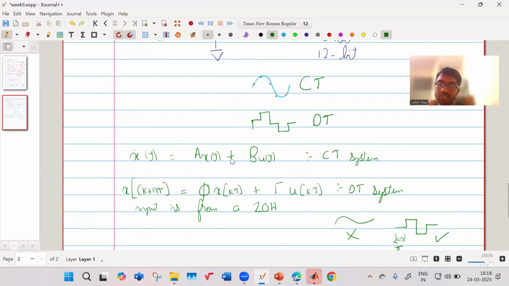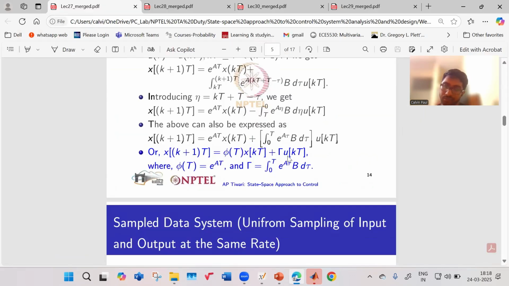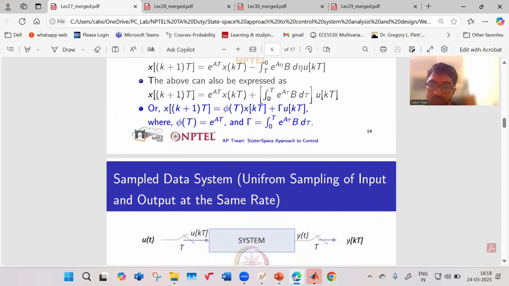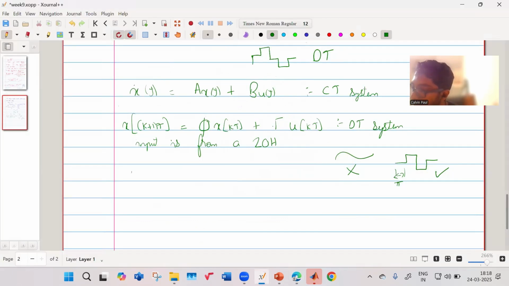And what are the expressions of phi of T and gamma? Phi of T is equal to e to power AT, and this gamma is the integration from 0 to T of e to power A tau B d tau, if I'm not mistaken.